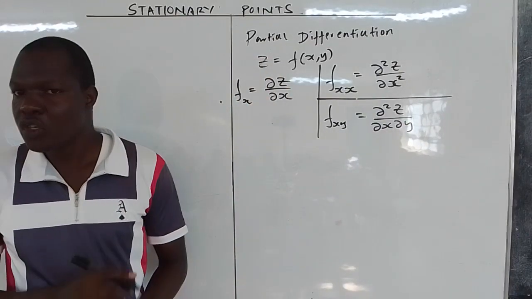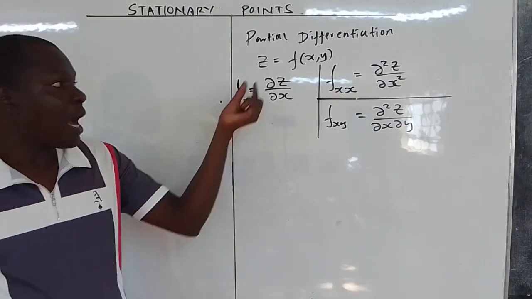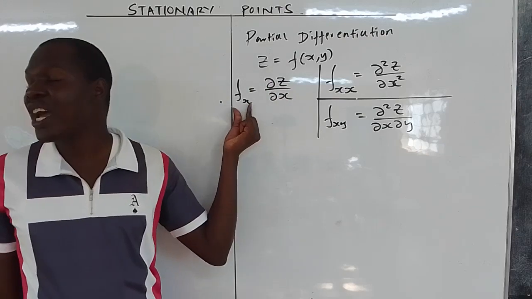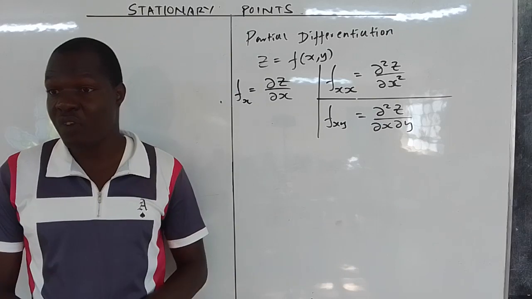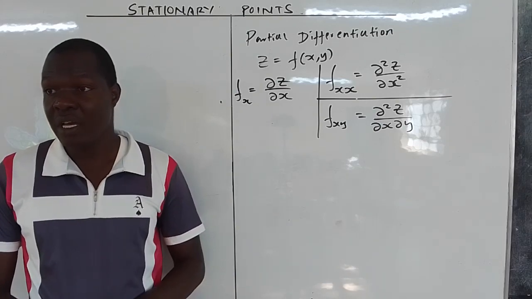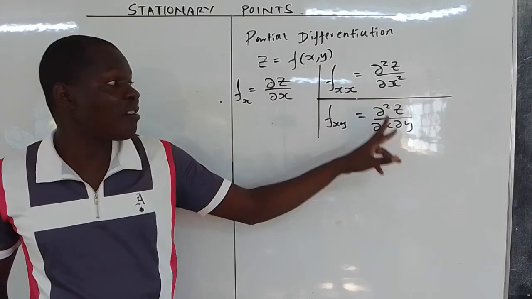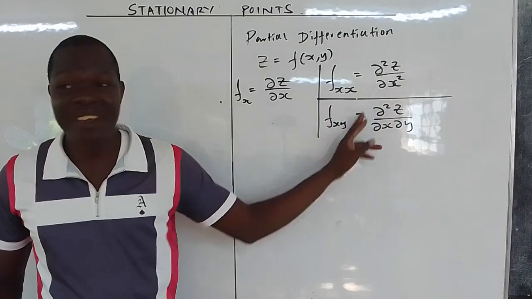So when you perform a partial differentiation with respect to x for the first time, you can get two more for the second time, successively. From here we already have three partial derivatives.